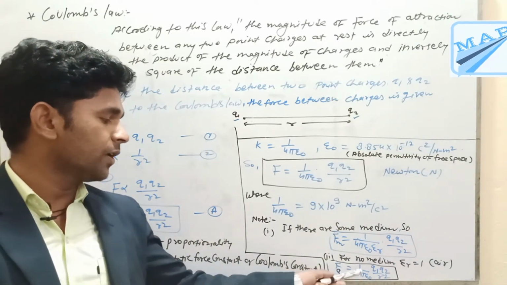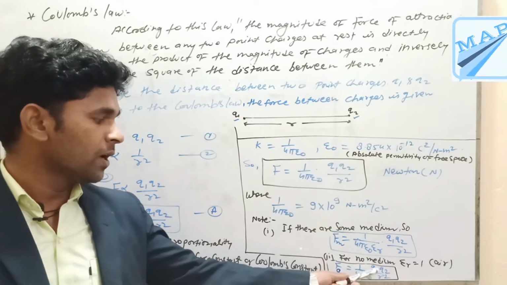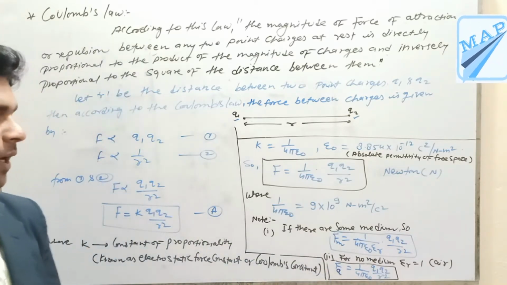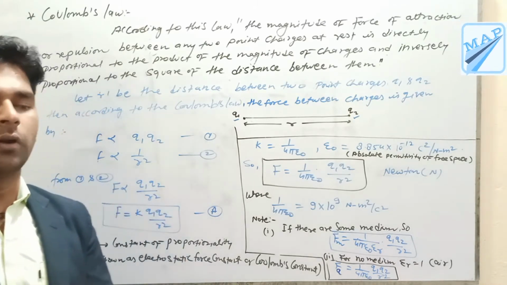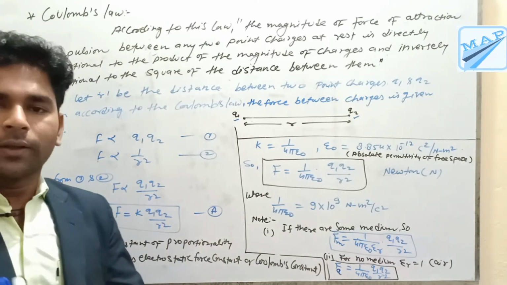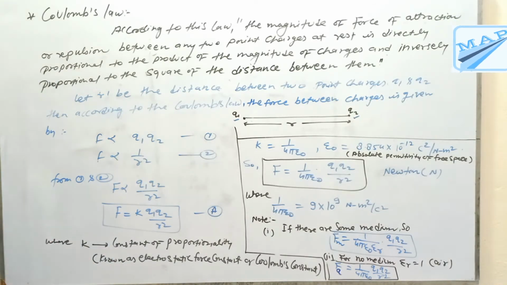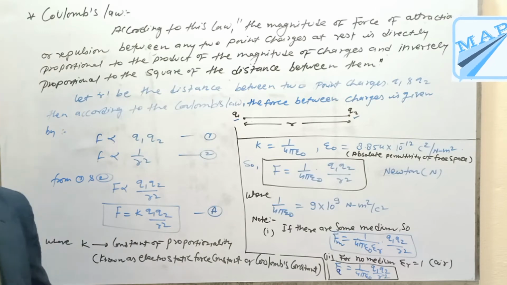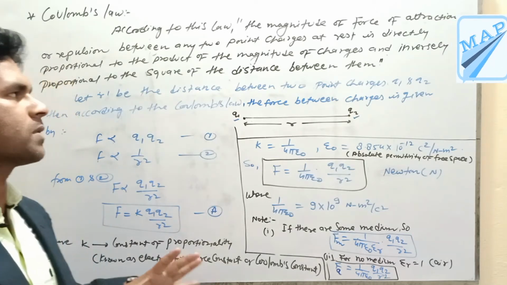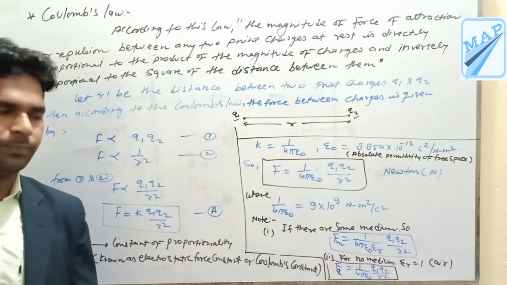So Fa is equal to 1 upon 4 pi epsilon naught Q1 Q2 upon R square. This is Coulomb's law. Write this note, learn and read it properly first, and then we will discuss problems related to Coulomb's law.